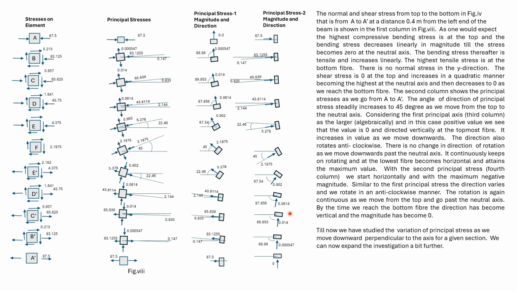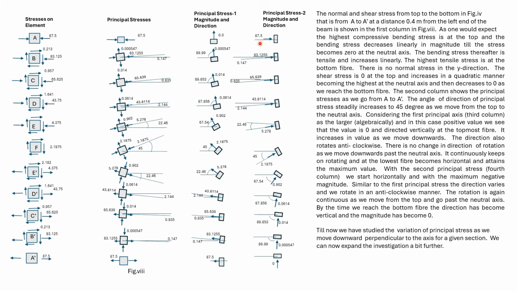This column shows the second principal stress. The magnitude of the principal stress decreases from top to bottom, from 87.5 to 0. The direction changes continuously, rotating in an anti-clockwise direction.